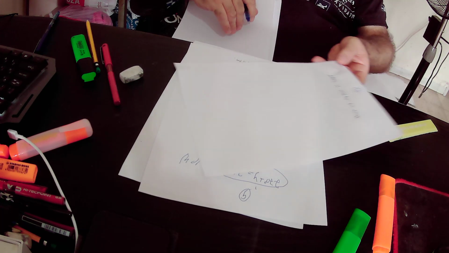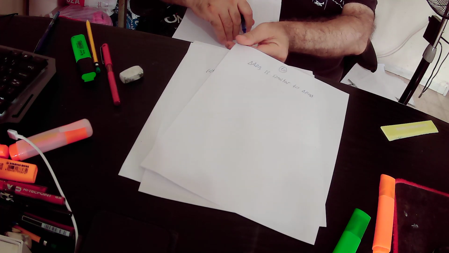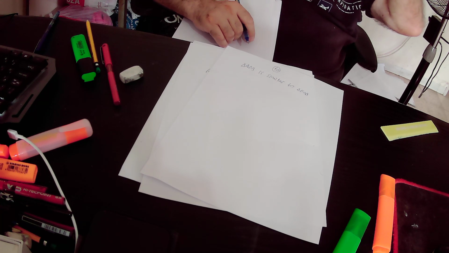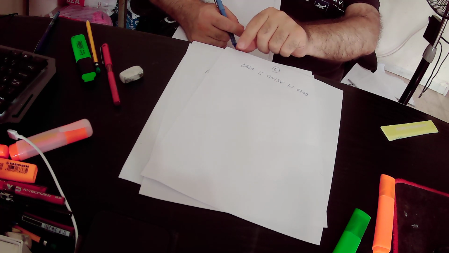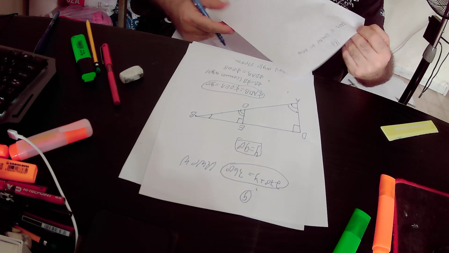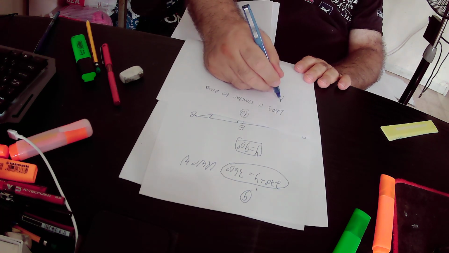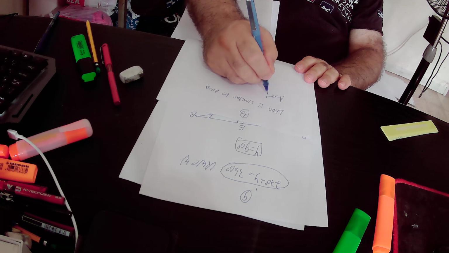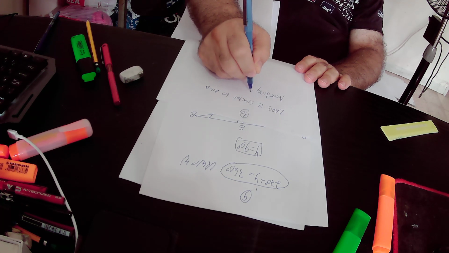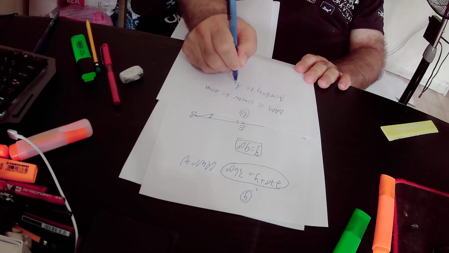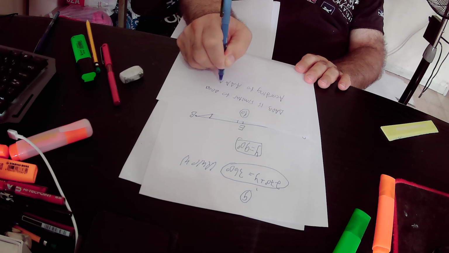Triangle ADB, the big triangle, is similar to the small triangle, triangle EOB, according to the angle rule.